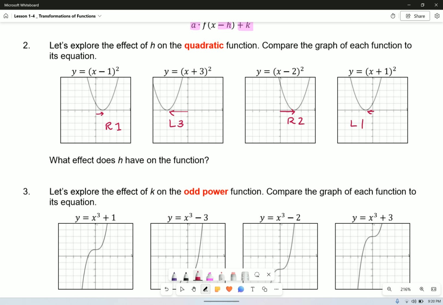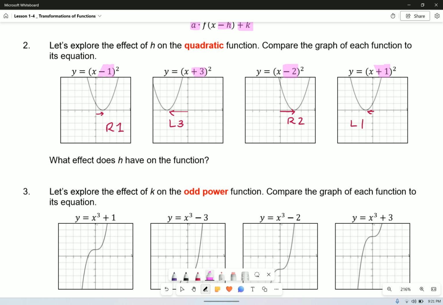All right. So with that being said, look at the equation, and I want you to see what your observation is. Right 1, left 3, right 2, and left 1. Do you see what's happening?